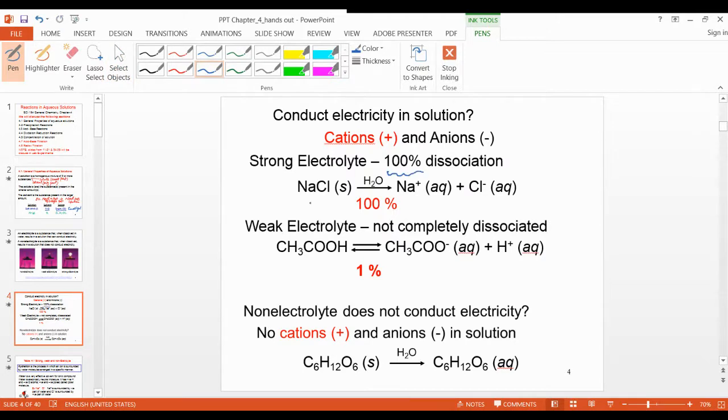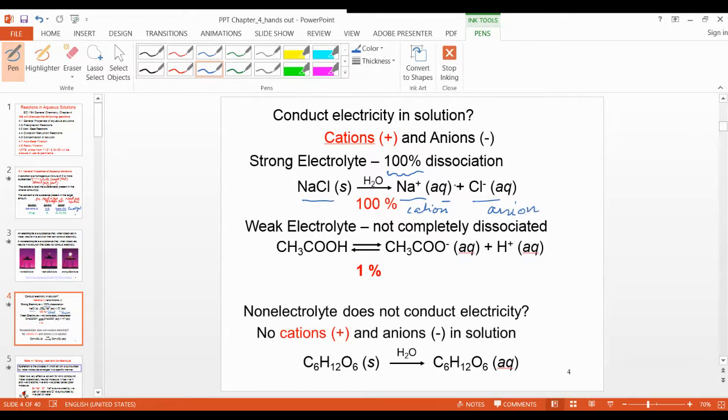Suppose you have solid sodium chloride and you dissolve it in water. It is soluble, and it is in the form of Na plus and Cl minus. Na plus is the cation and Cl minus is the anion, as I explained in chapters 2 and 3.